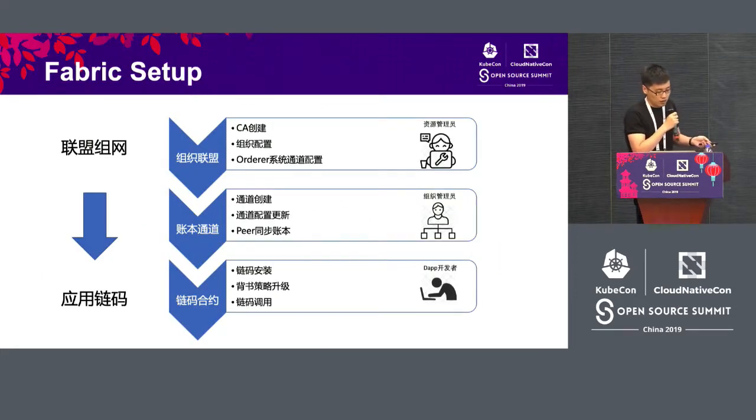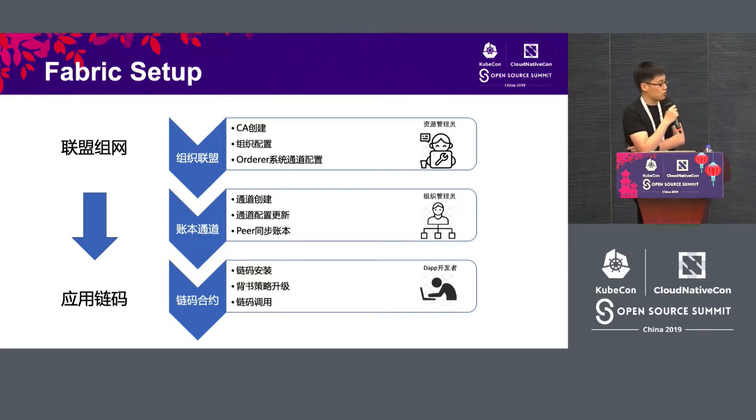After we see the operating structure, let's see how Fabric is deployed. So I have divided that into 3 steps. The first one, you need to build organizational consortium. First, you'll need to establish the CA, and then these organizations can be linked into a system channel.